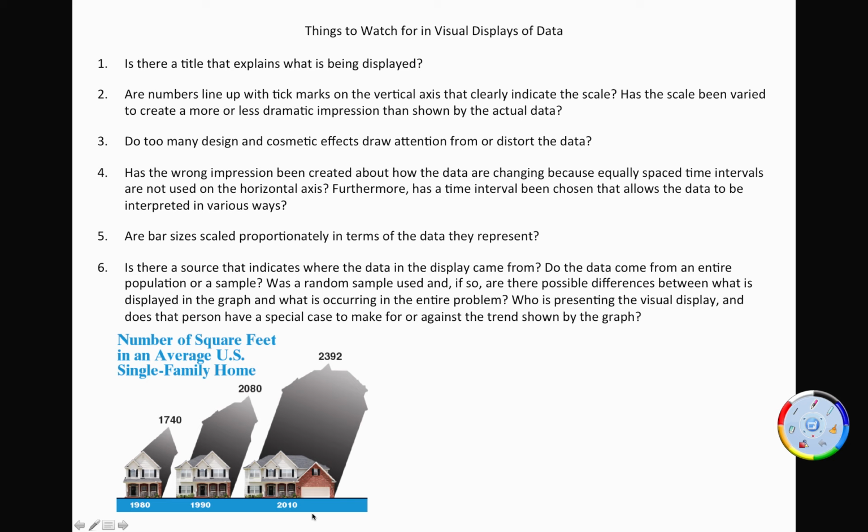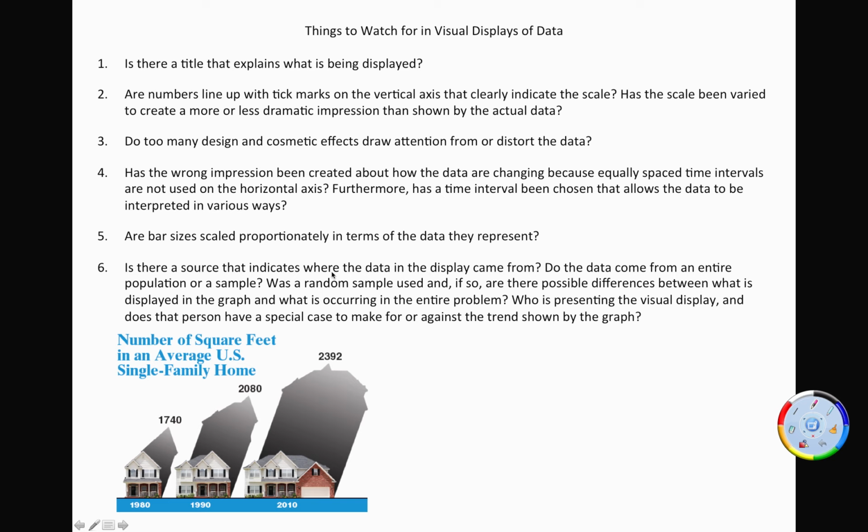So another thing to look at along with the vertical axis is your horizontal axis. Furthermore, has a time interval been chosen that allows the data to be interpreted in various ways, like we mentioned previously? Are bar sizes scaled proportionately in terms of the data they represent?